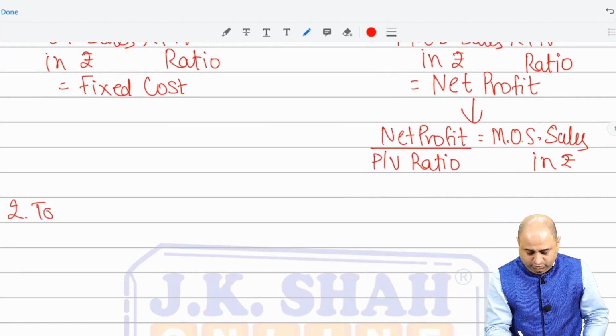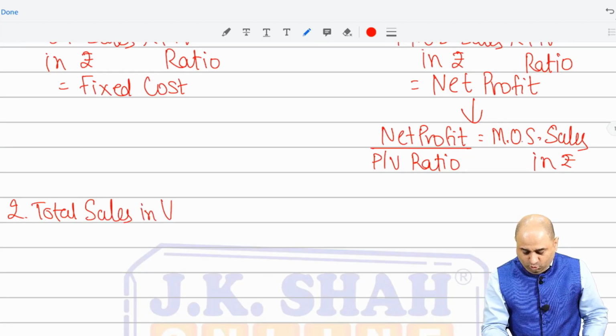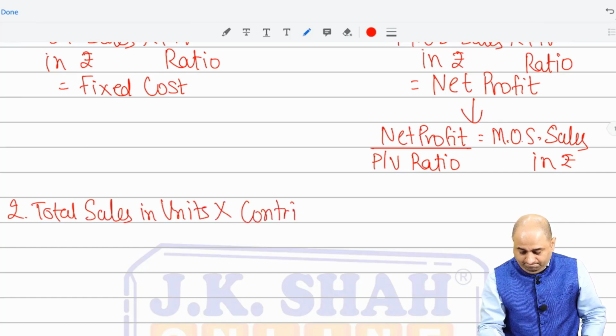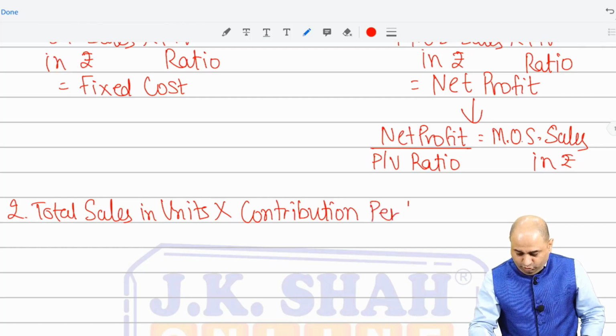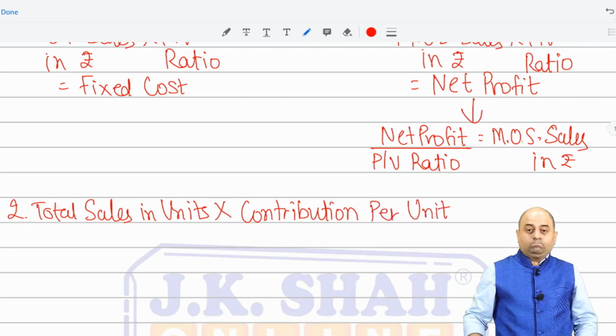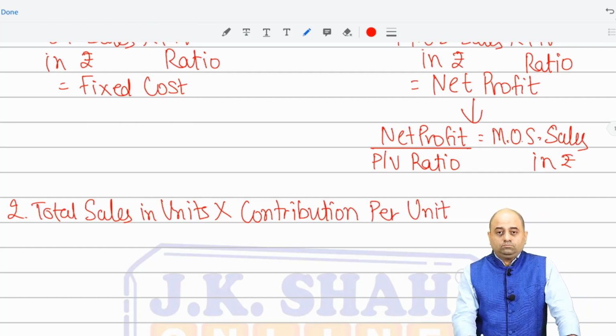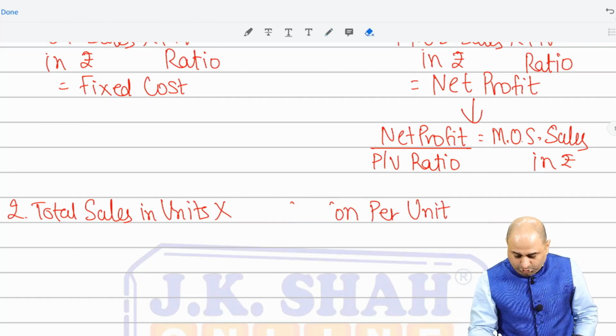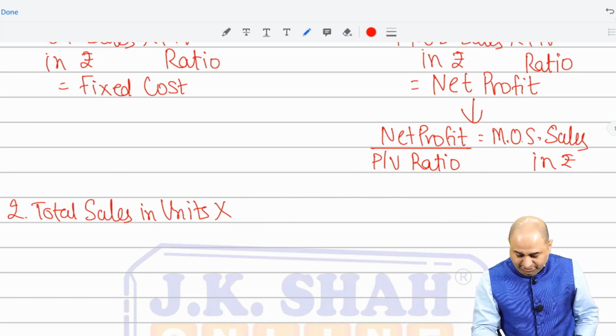Second, total sales in units into contribution per unit. I will just shorten this. I'll need some space, so I'll use short forms.